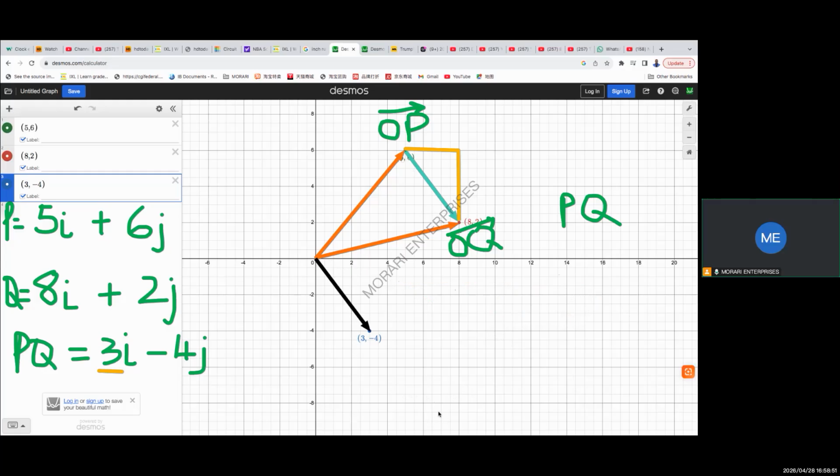But what does it mean? It means that I walk the Q because PQ, so it's Q minus P. So first I have to walk what? Q. Then I have to do the negative of what? The negative of P. The negative of P is what? Is this vector.